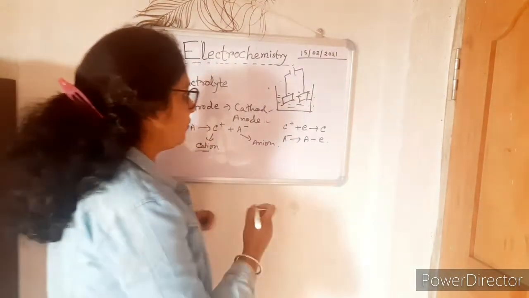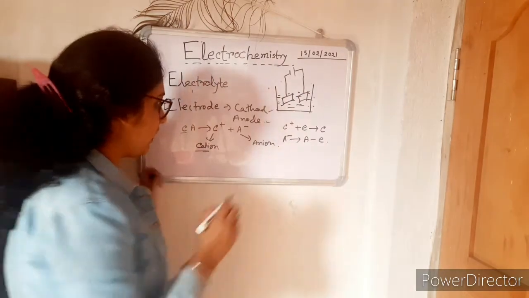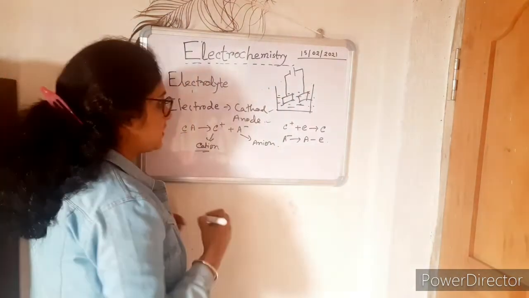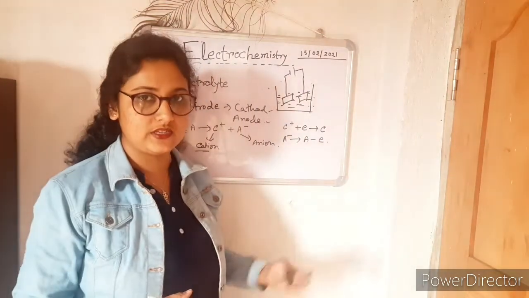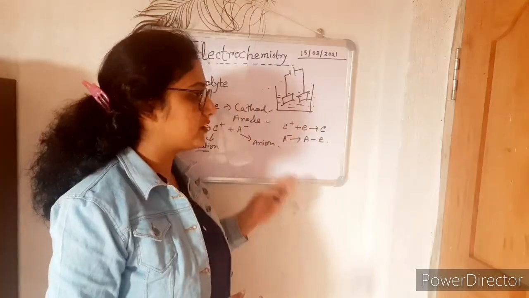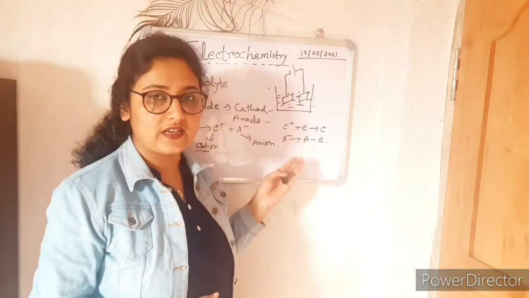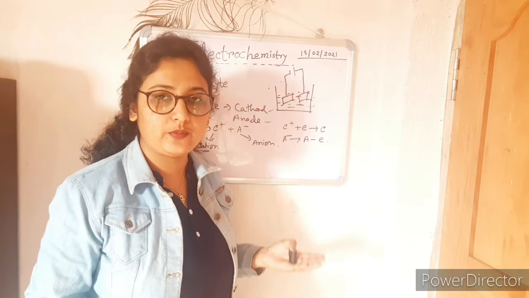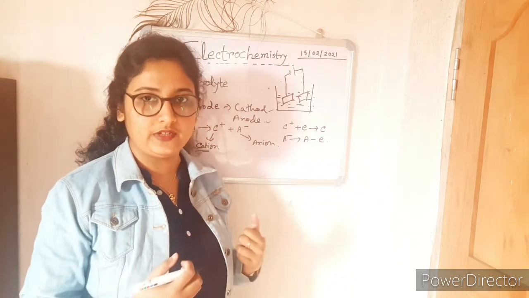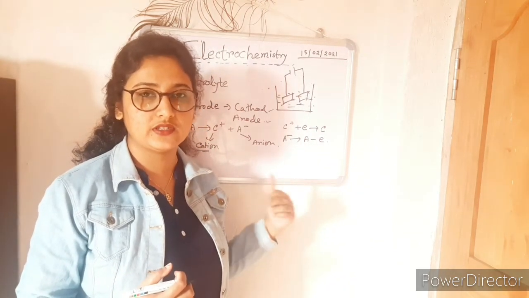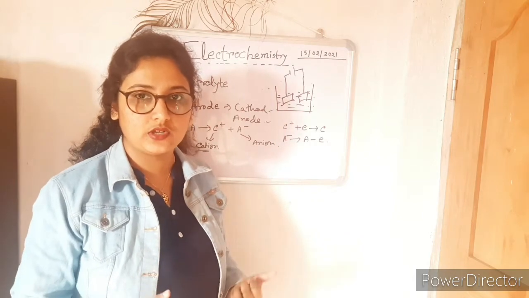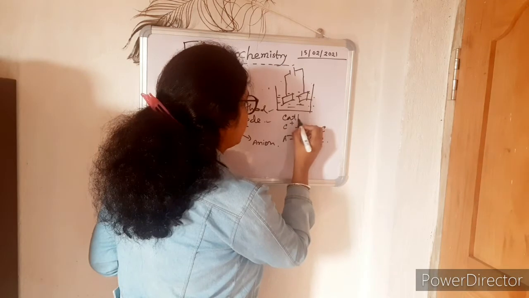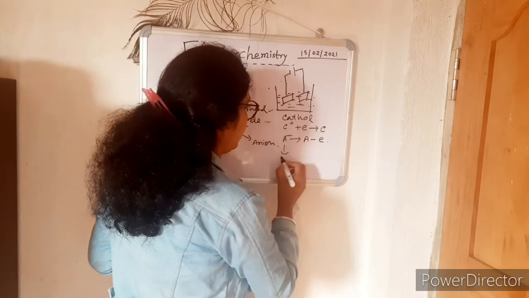Now we know what reduction and oxidation are. Reduction is a process where the oxidation number of a certain species decreases, or you can say reduction is a process where there is a gain of electrons, and oxidation is a process where there is a loss of electrons. So this is the cathode reaction, and this is the anode reaction.